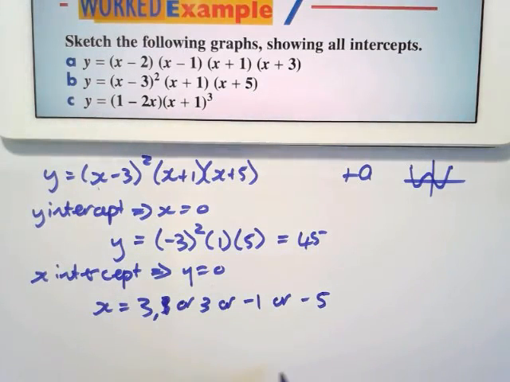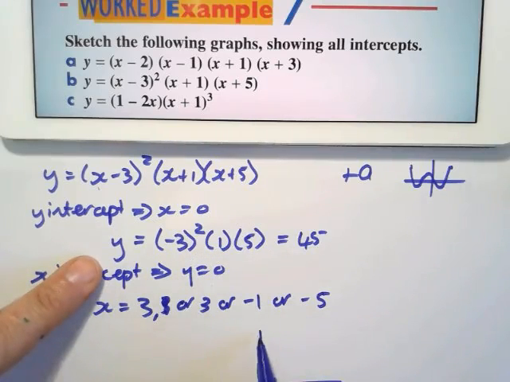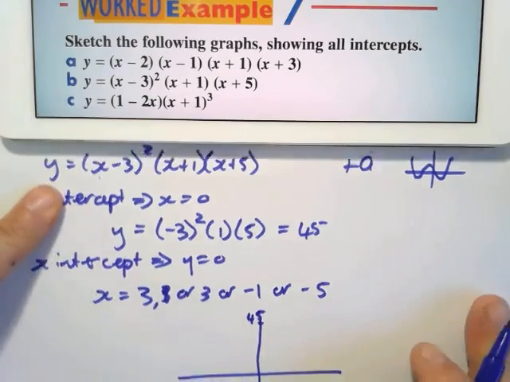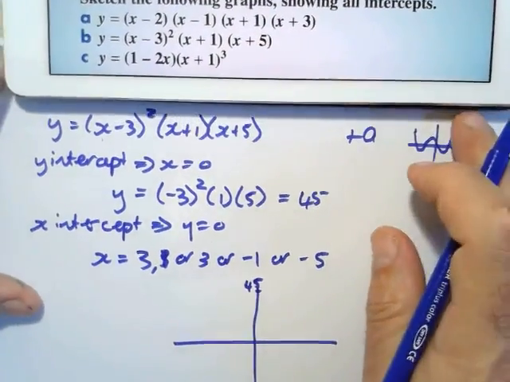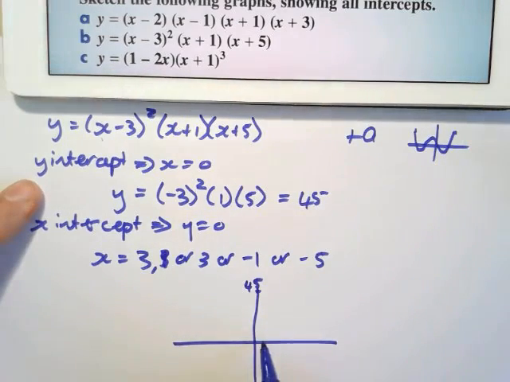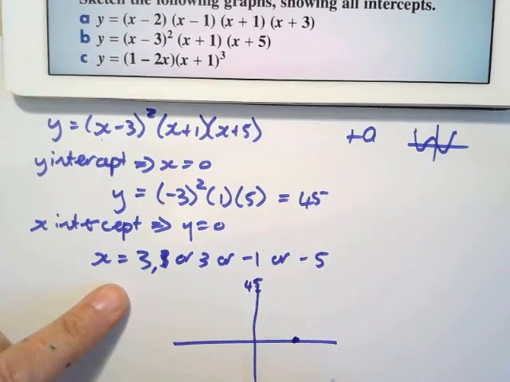So if I draw my graph of that, my y-intercept is at positive 45, so it's up there at positive 45. It's going to turn on 3: 1, 2, 3. It's going to intercept at negative 1, and it's going to intercept at negative 5.